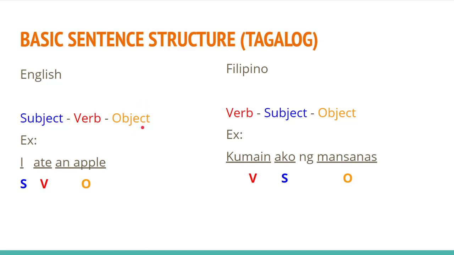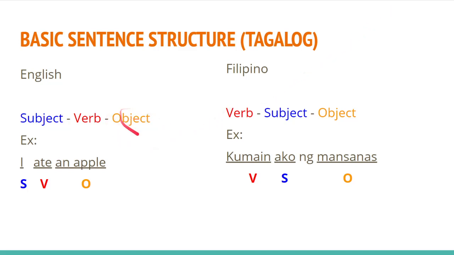Object as in I object, like you disagree, is tumututol, or sumalungat, to contradict.